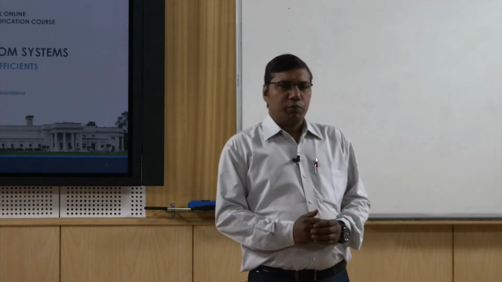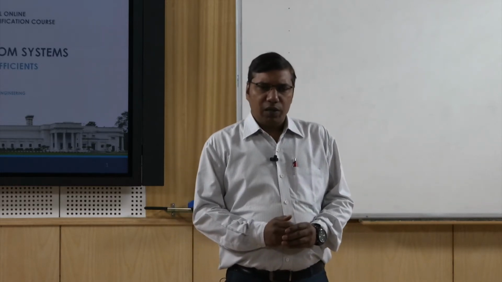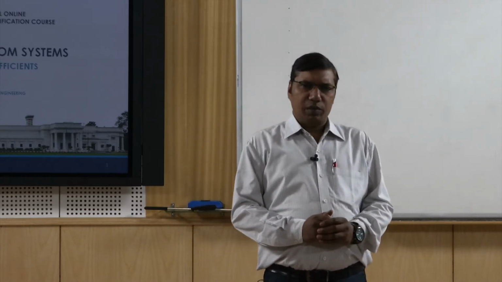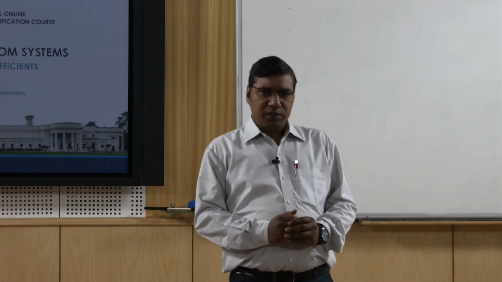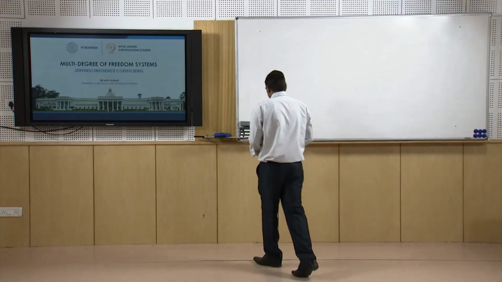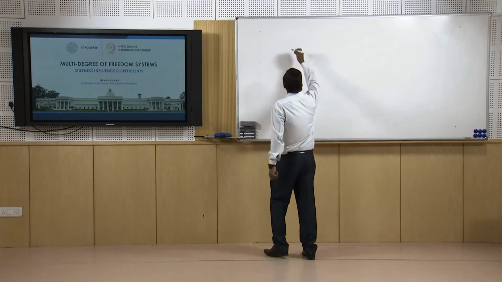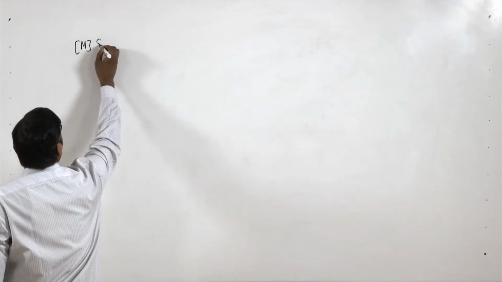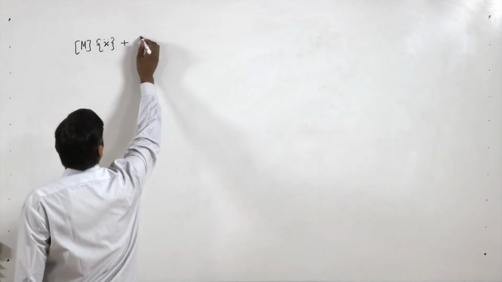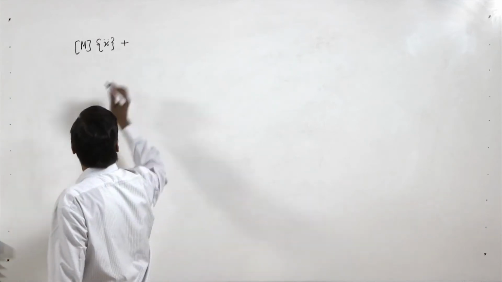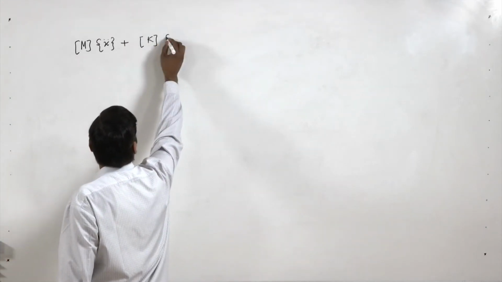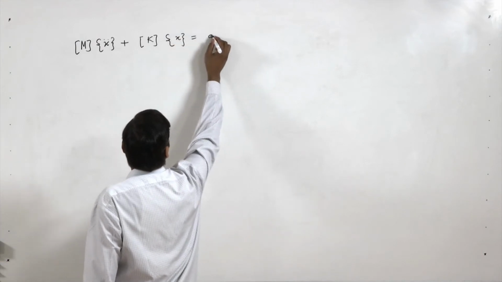Now, similarly, we have stiffness influence coefficients, because in the equation of motion of a multi-degree of freedom undamped system we have M x double dot plus K x equal to 0.